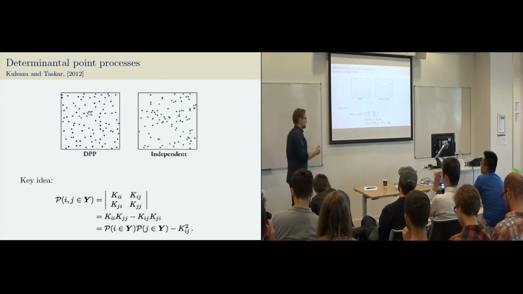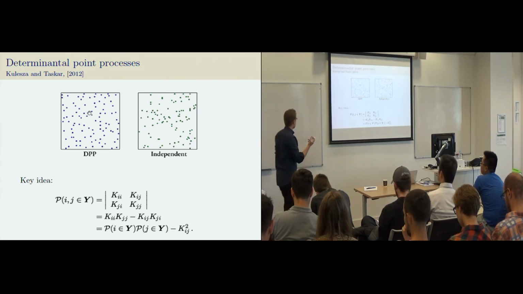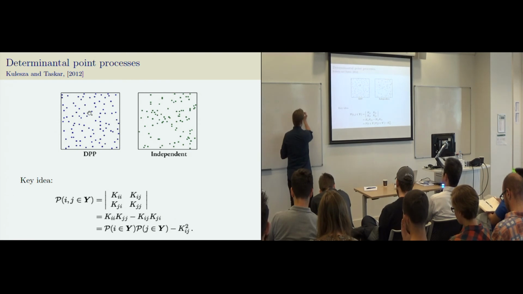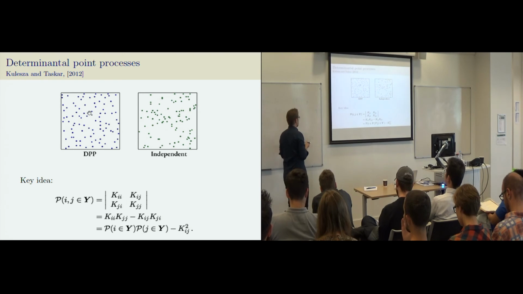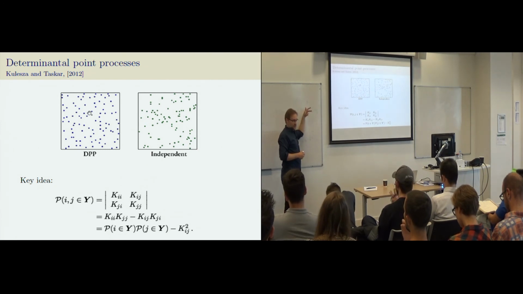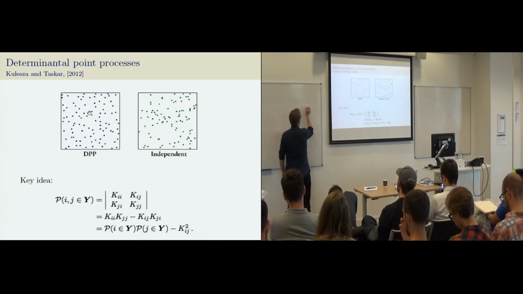If you imagine that each point in your set is a vector, right, this kernel matrix is capturing the correlation and the covariance between those. If you have a point x1 and a point x2, the more similar these 2 points are, the less likely they are to be in the same sample, and the other way around. So you have 2 ways of improving the probability of two points being in the same sample. One is to make them more orthogonal to each other, right?